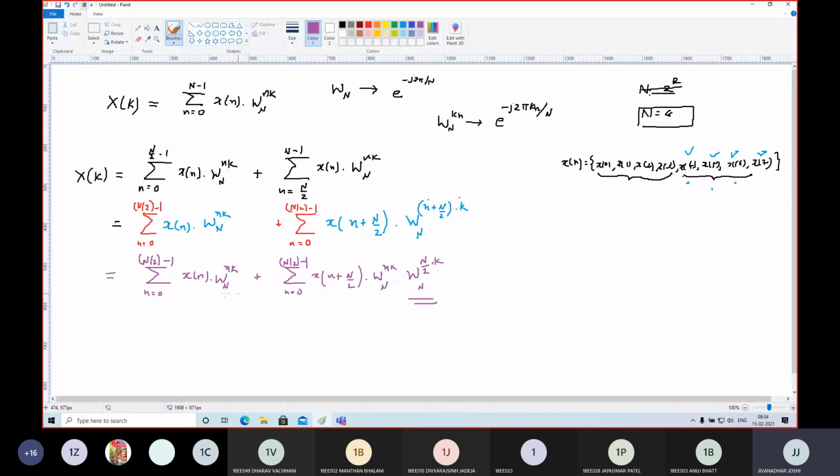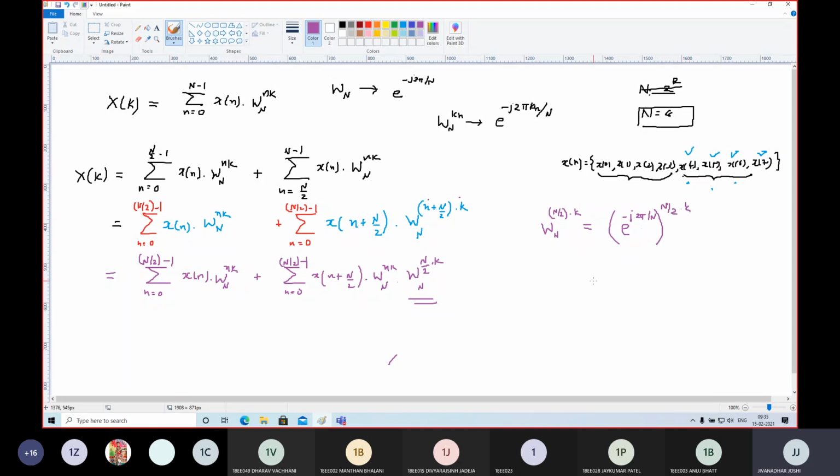In rough, of course, in the examination you need to solve it just below to it. But let me show it somewhere else. Where is my pointer again? So Wn raised to n by 2 into k equals e raised to minus j 2 pi by n raised to the power n by 2 into k.